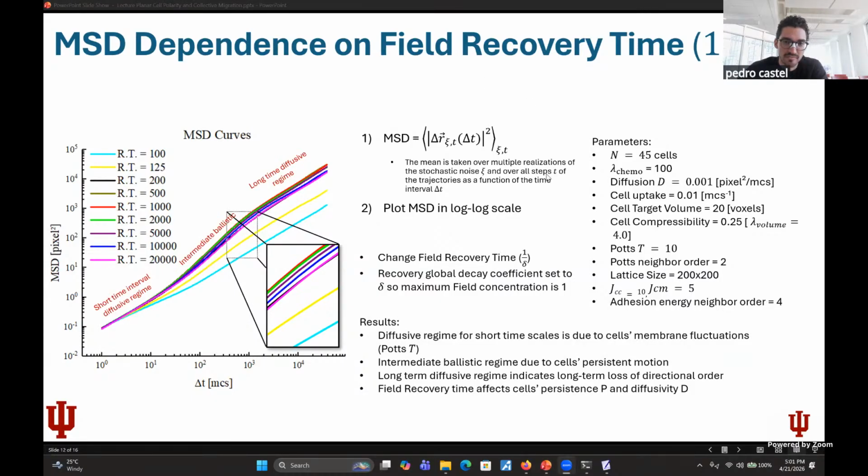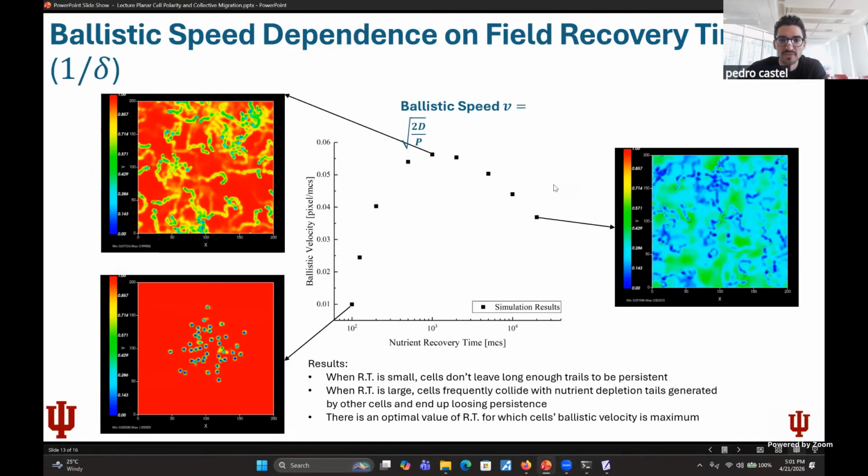And these are ways of calculating velocity, a measurement of velocity for CompuCell cells. And then you can plot, for example, the speed of the cells versus the nutrient recovery time. If the nutrient recovery time is very low, very fast, then the cells don't have to move much.